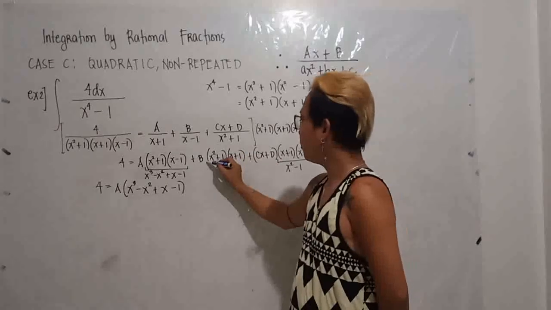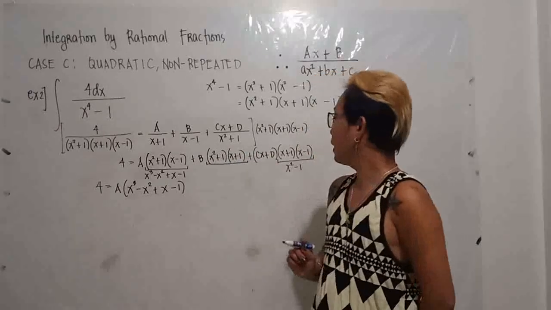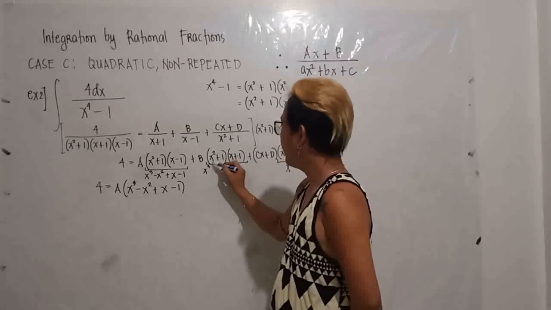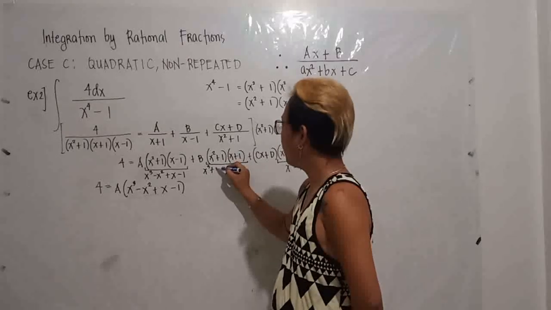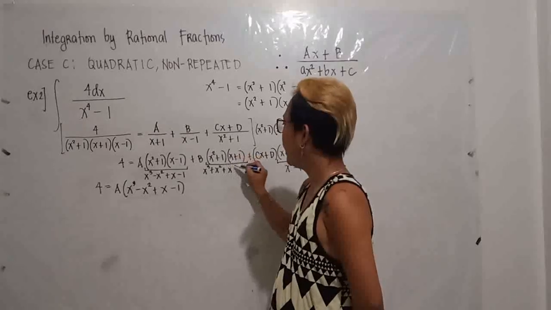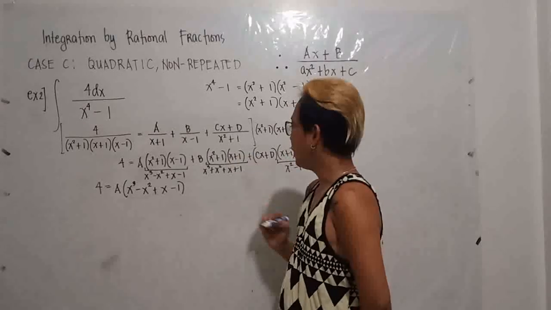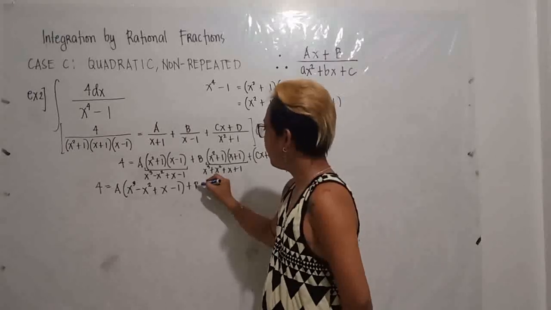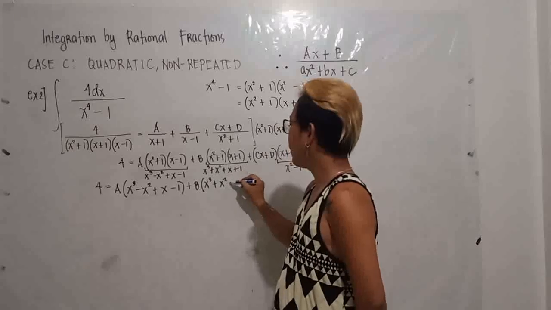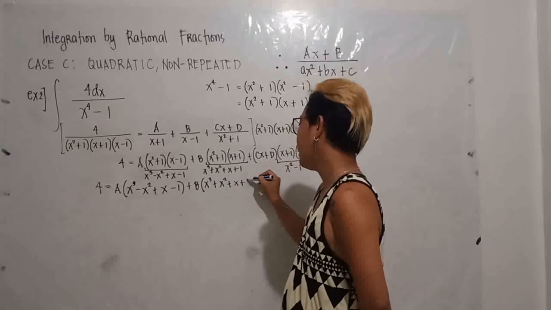Then for the B, you will now have x cubed plus x squared plus x plus 1. So you will now have the B multiplier as x cubed plus x squared plus x plus 1.